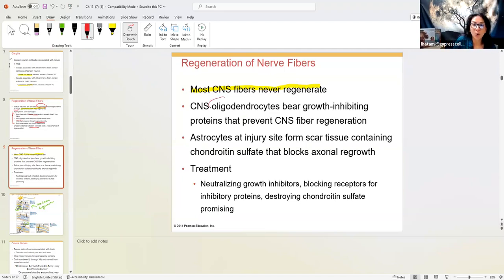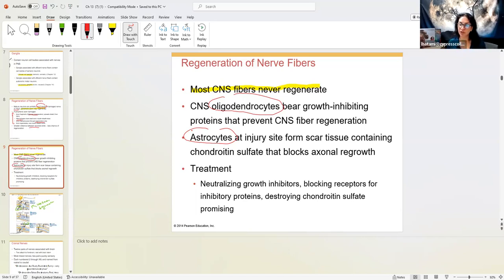These cells are oligodendrocytes and also astrocytes. The oligodendrocytes, which are responsible for forming the myelin sheath around the axons in the central nervous system, produce a protein that inhibits the growth of axons. This simply means they prevent CNS fiber regeneration.